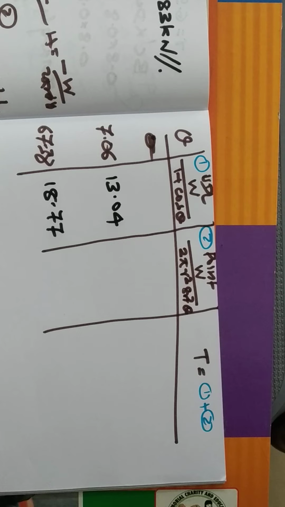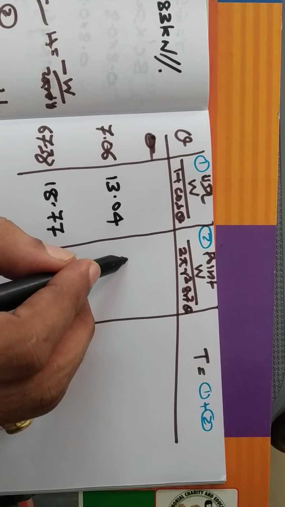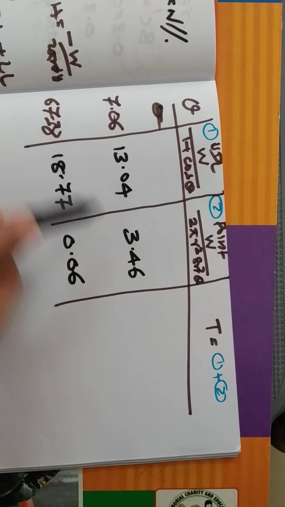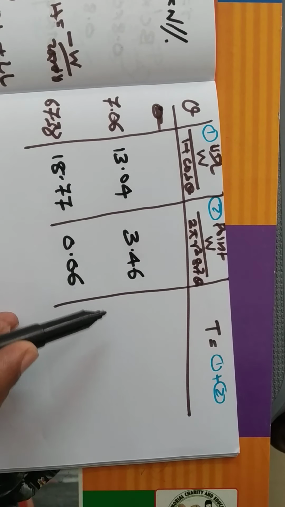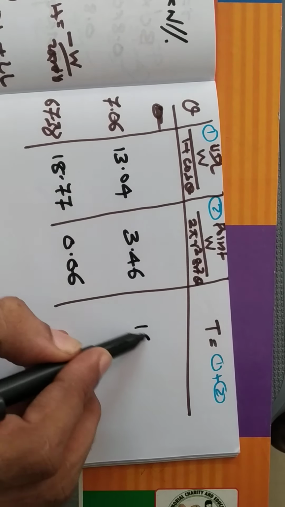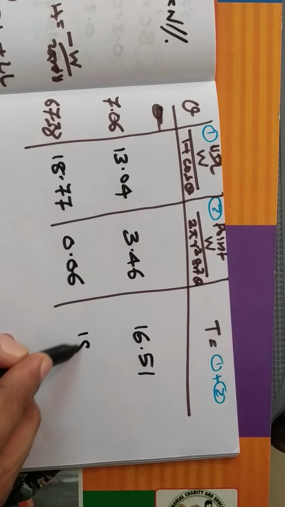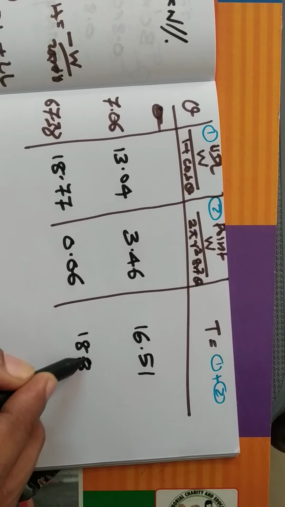For the point load, it comes 3.46 for 7.06, and for the other one it is 0.06. Adding 1 and 2, you will get 16.51 and 18.383.